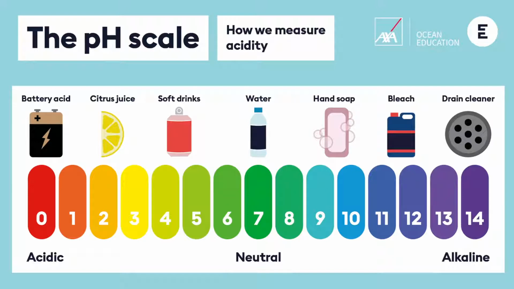One of the little bit of confusing things is as the acidity increases, the pH goes down. So when we talk about ocean acidification, we're talking about the scale going down just a little bit.